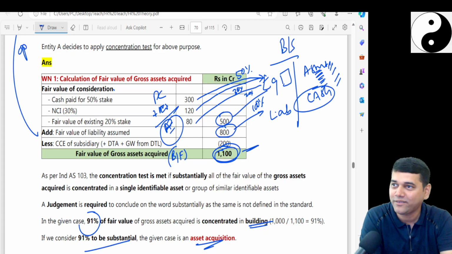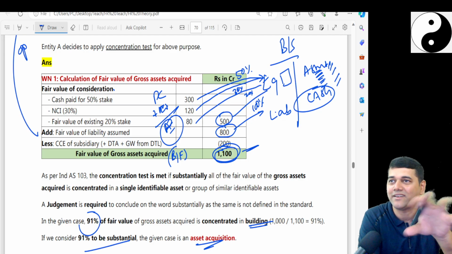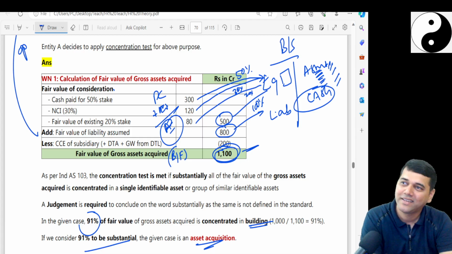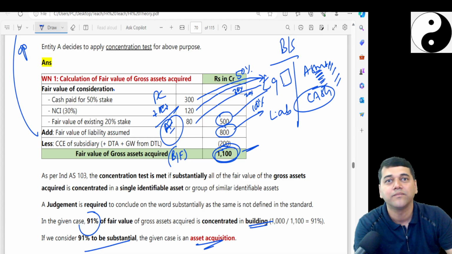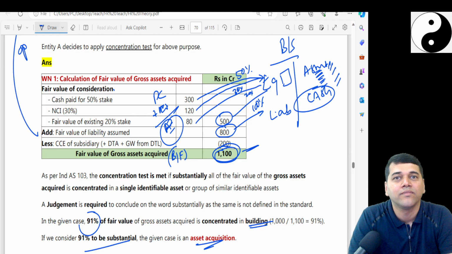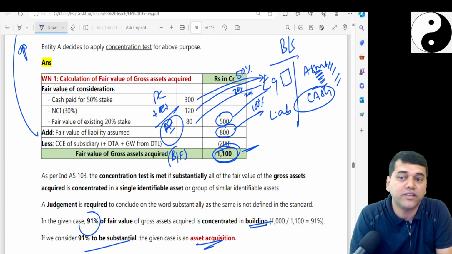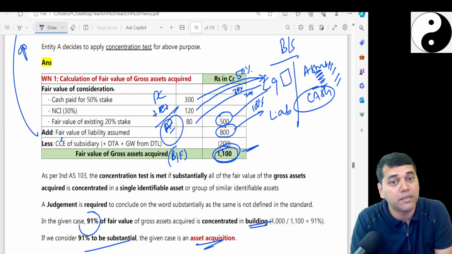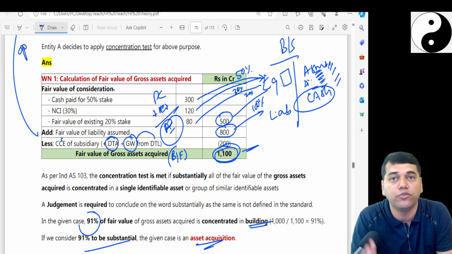Already we have learned that, no? Hiding net asset, yeah. Clear? Perfect? This is what they say: when you deduct cash, if there is any deferred tax asset in the balance sheet, that also you consider, and if any goodwill is coming from deferred tax liability, that also you consider.